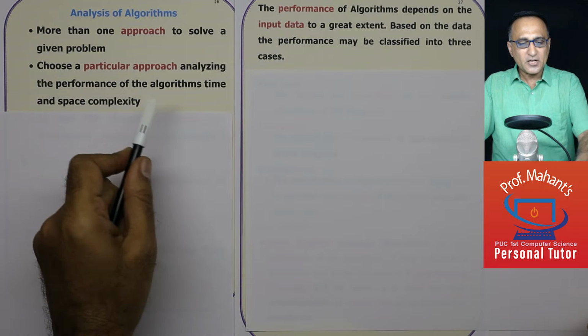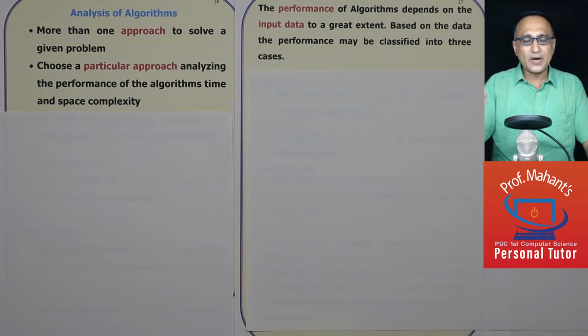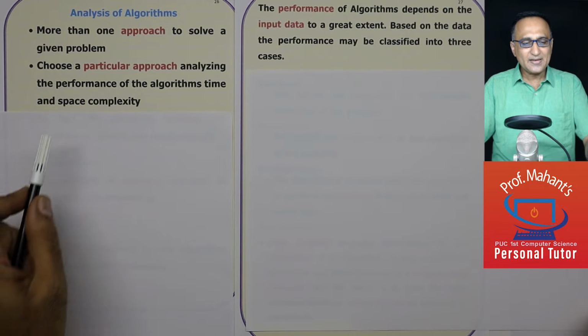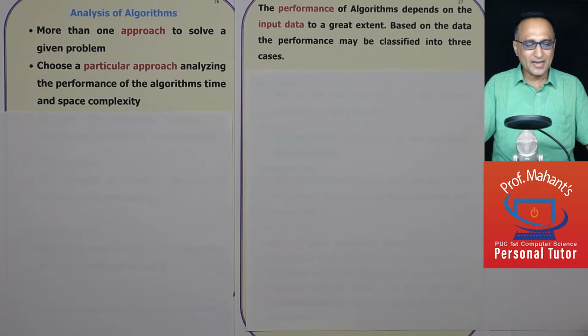So we choose a particular approach by analyzing two items. We analyze the time taken to execute a particular algorithm and the space required to do the calculations.